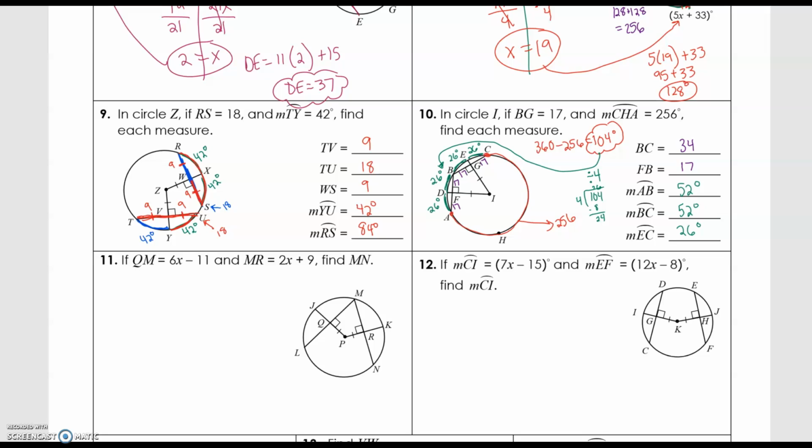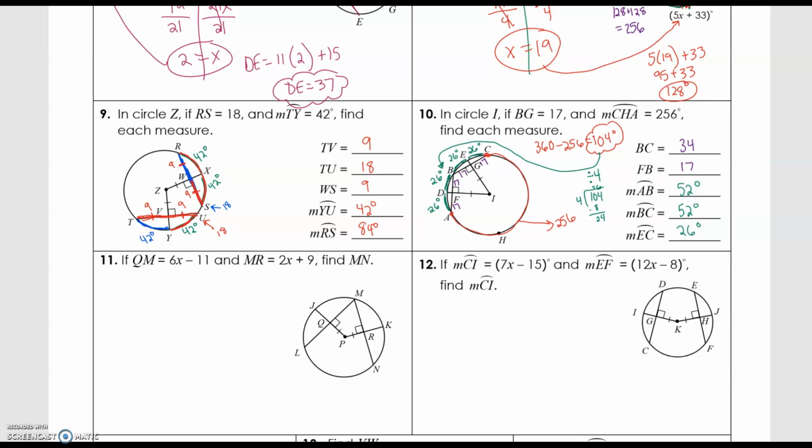You still should get these same answers, that each of these arcs is 26, and AB and BC, which are bigger arcs, they would be 52 because 26 plus 26 is 52. Once again, there's lots of ways to think about this, so sometimes you might do it differently but get the same answer. All right, I'll do 11 and then you can do 12.